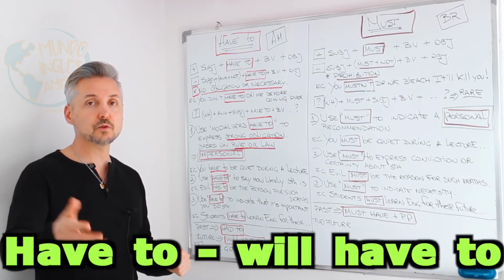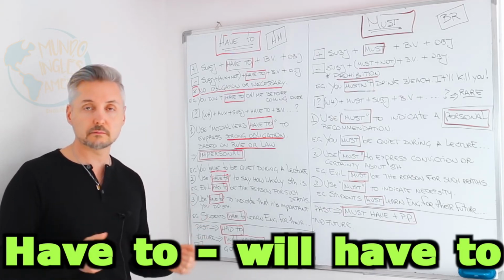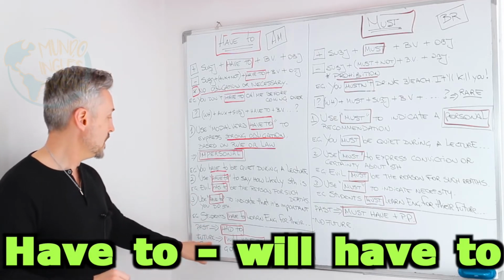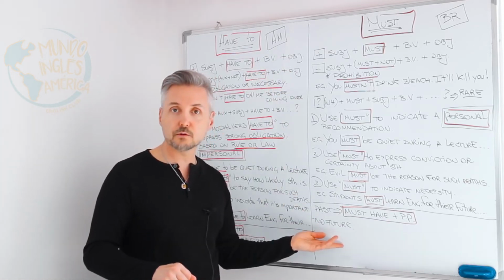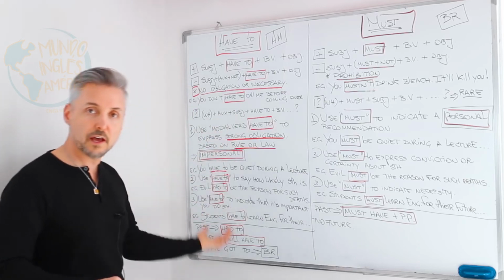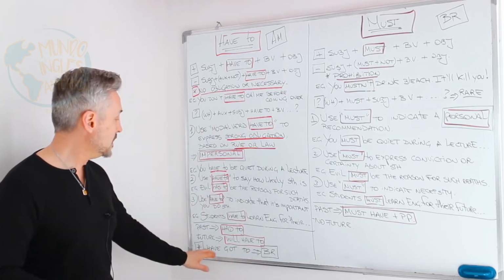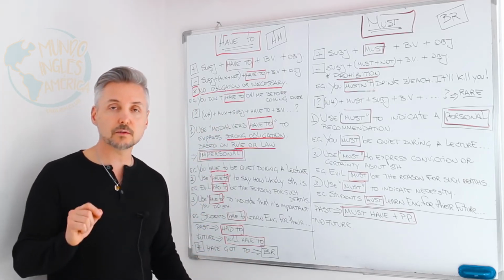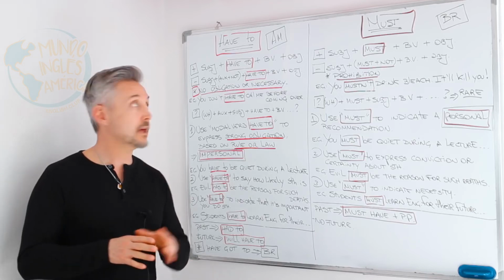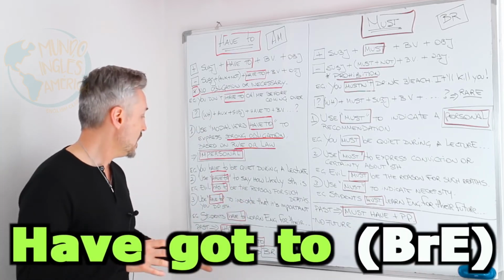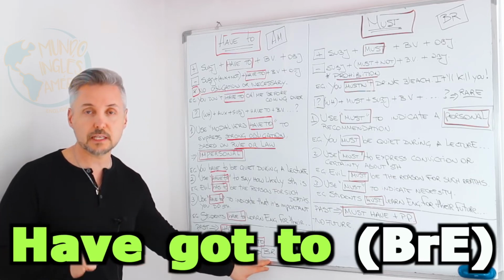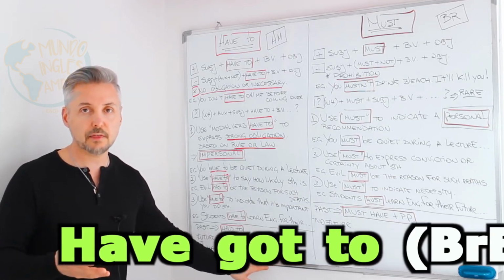So I will have to do something next week, for example. For must, we don't have a future, and so we use have to. And one last thing that I want to say about have to is that you can use have got to in British English instead of have to. It's the same thing.